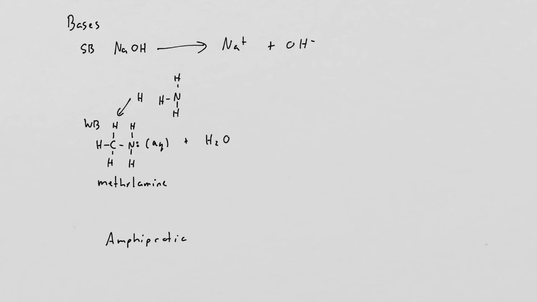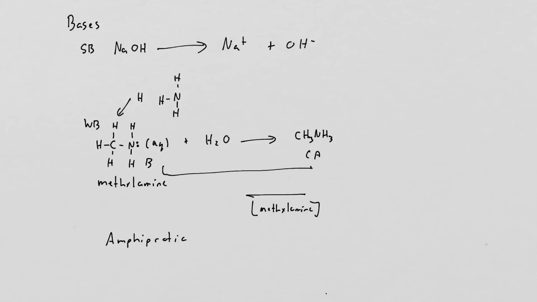So the Kb, we're going to write out a Kb here. So you have this methylamine, which I'm going to literally write out down here. Methylamine. Okay, so that is your base right there. And when it gets into the water, what it does is it grabs a hydrogen, so it becomes CH3NH3. Right, so here's our base, and this is its conjugate acid. Why? Because it has one more hydrogen, NH3 instead of NH2, right?